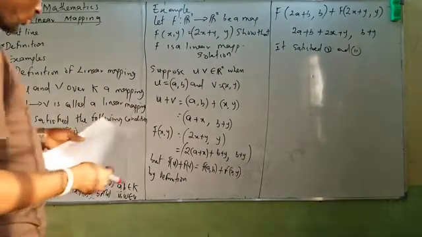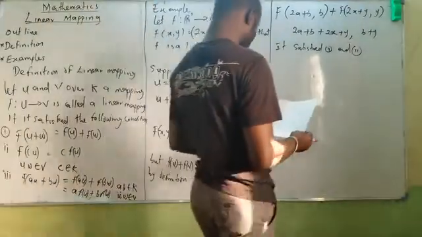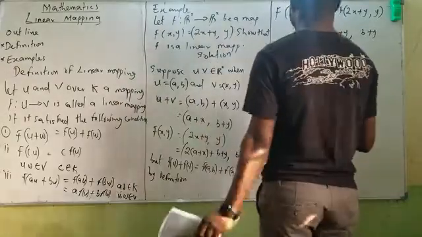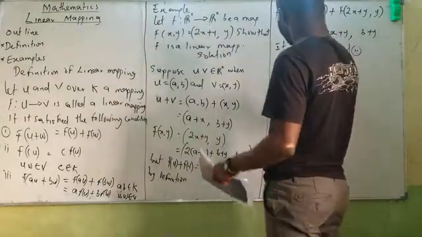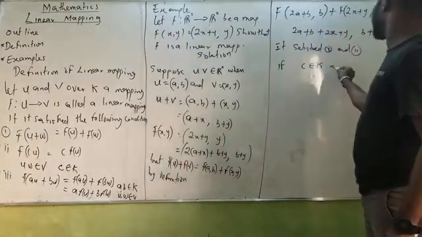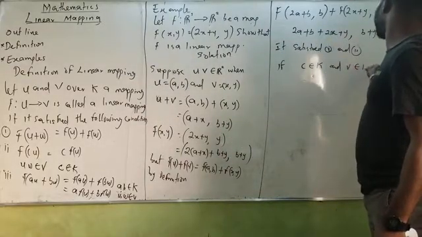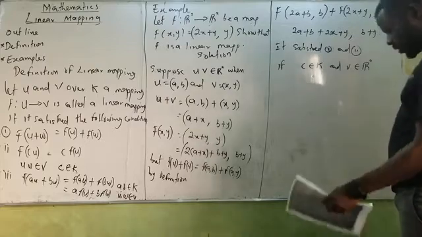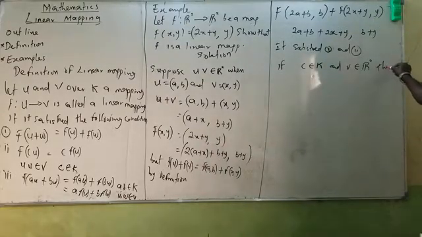Now, I want to move on to the next one. Don't forget, if c belongs to K, which we have done, and v belongs to R2.